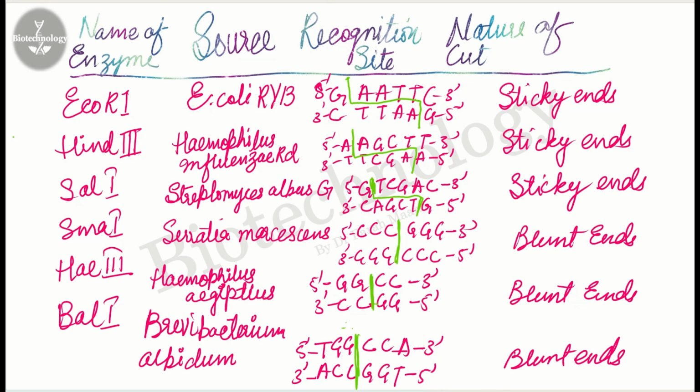The table here represents the name of the different restriction enzymes, the source from which each is obtained, the recognition site by which it recognizes the specific bases where it makes a cut, and then the nature of the cut, whether it would be a sticky end or a blunt end.